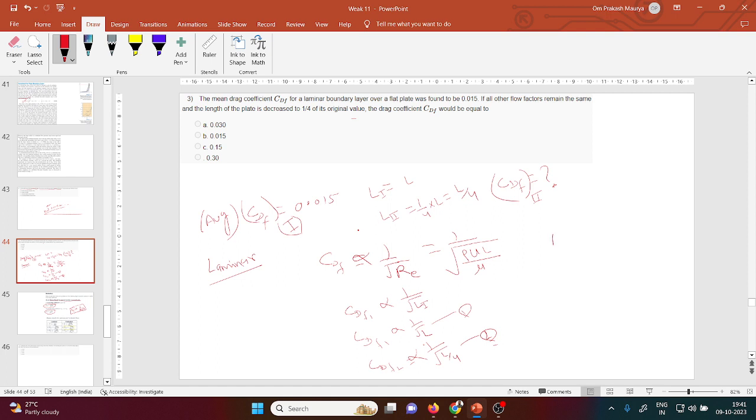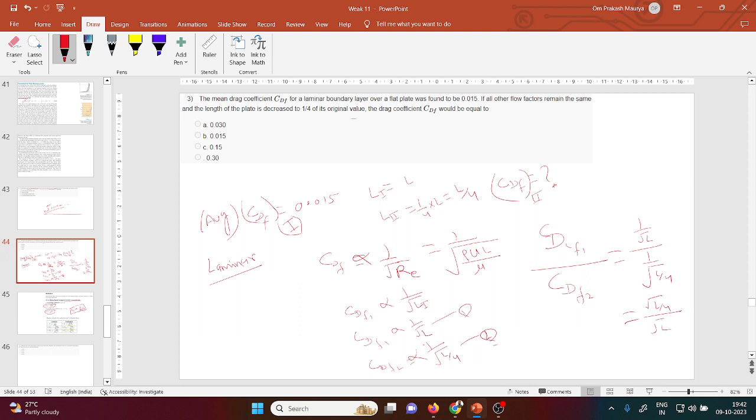If we divide these, CDF1 divided by CDF2 is equal to 1 by root L divided by 1 by root L by 4.